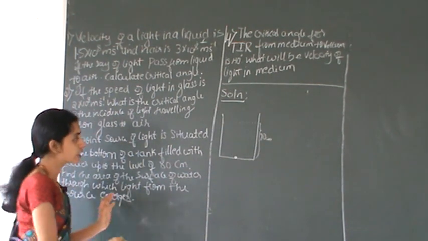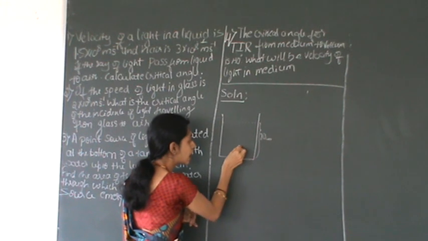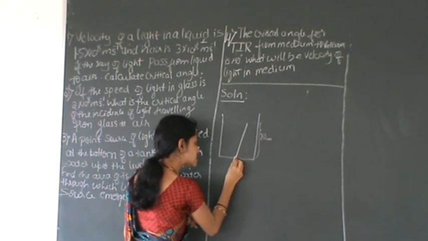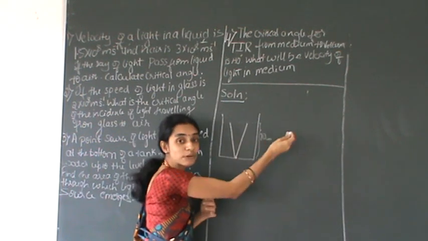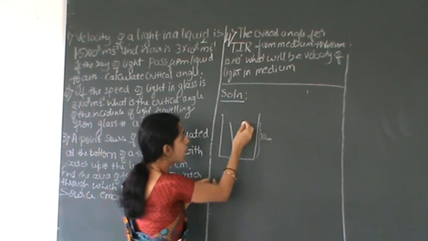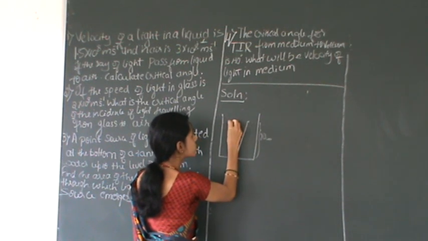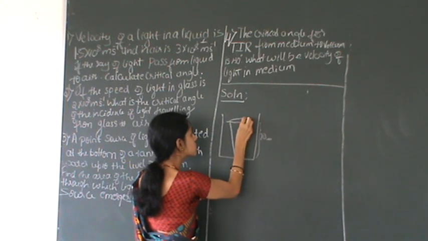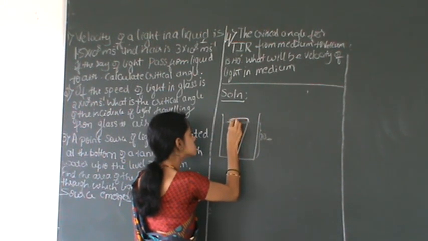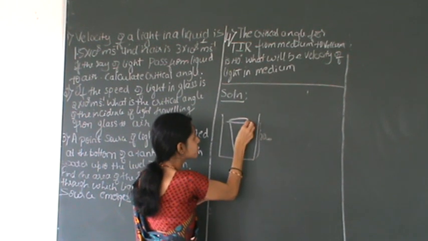What you have to find out? If there is a point source, what happens? The light ray travels in such a manner inside the water, and finally it emerges outside the upper layer, and it appears like a surface, like a circular area.